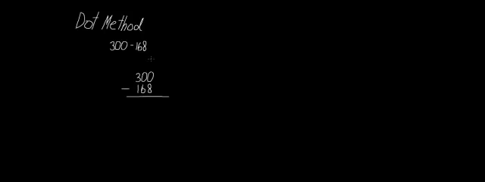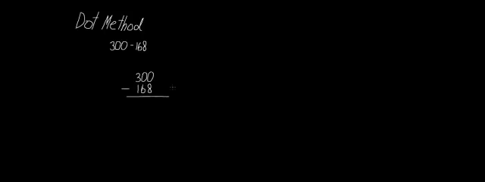300 minus 168, and the first step is that we have to subtract 8 from 0. That is, we have to subtract the bigger number from the smaller number. The thing to remember in the dot method is that whenever we're using it for subtraction, we're always going to subtract the bigger number in the column from the smaller number in the column, and it doesn't really matter which position it's on, if it's on the bottom or if it's on the top.